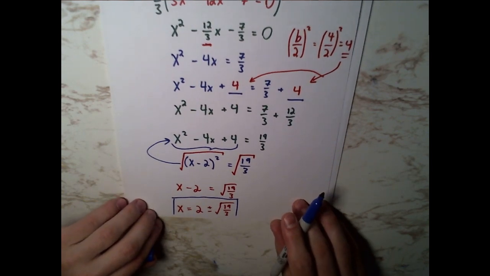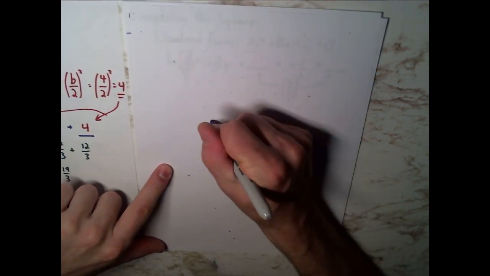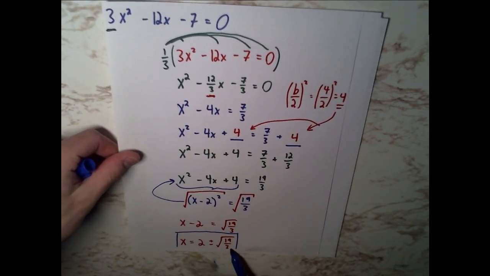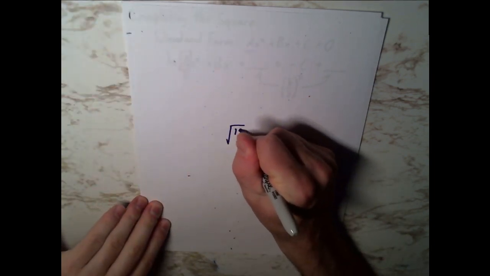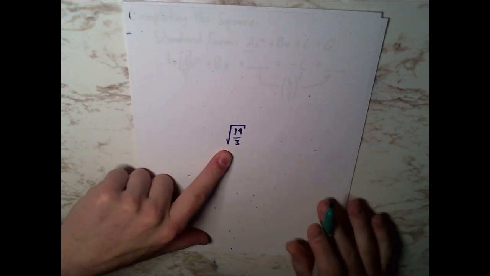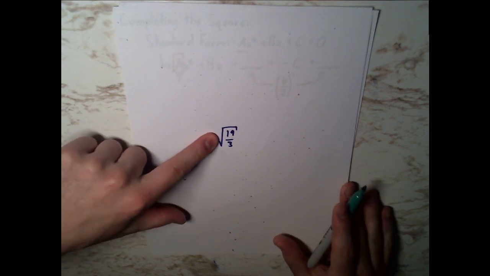I should mention really quick that I'll just grab a new piece of paper. So over here our answer was the square root of 19 over 3. This is technically not correct. It's not a good idea to have a square root over an entire fraction, and some people are picky about this, and you might get marked off.